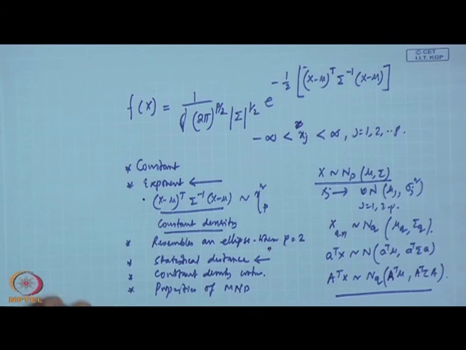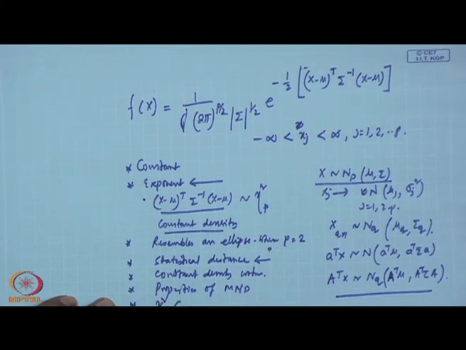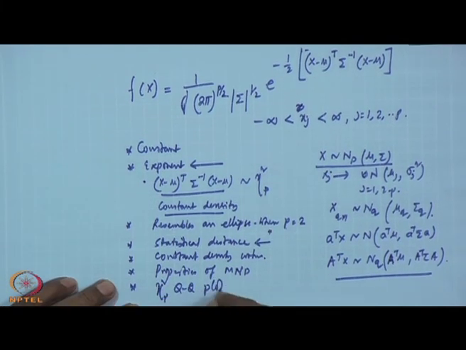And finally, when you collect data, the data must be examined and you have to check whether the data is coming from a multivariate normal or not, and that is possible through the chi-square quantile plot. There are other plots also, but we will be looking into this.